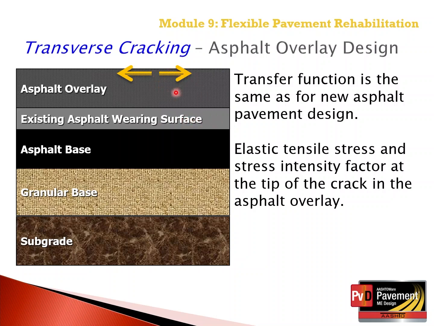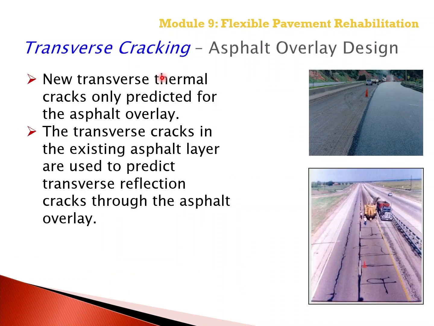Only the wearing surface applies to the thermal transverse cracking of both new flexible pavements as well as rehabilitated flexible pavements regarding the asphalt overlay. So new transverse thermal cracks are only predicted for the asphalt overlay.